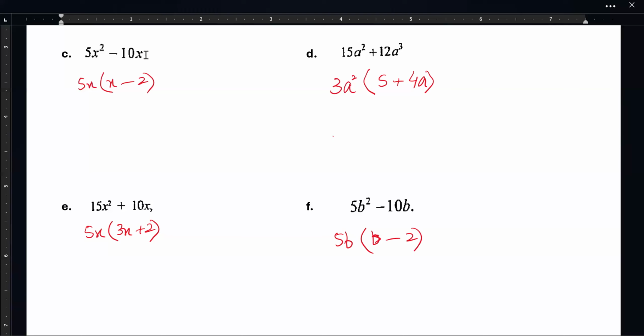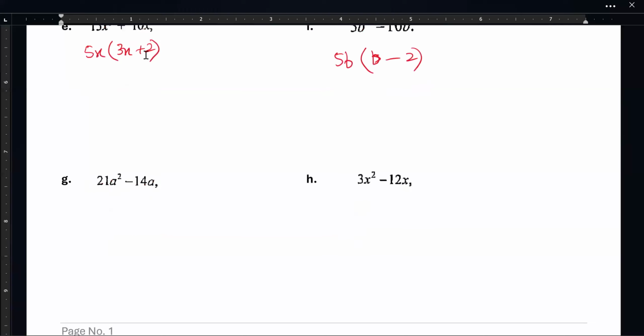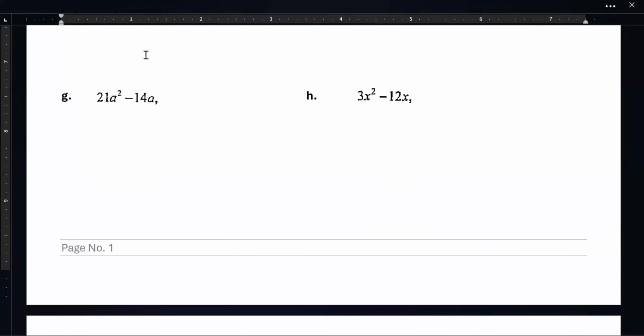Let's see, we have more questions here. 21a squared minus 14a. Yes, 7. Very good. And the smallest power of a. Now we have 3a minus 2.